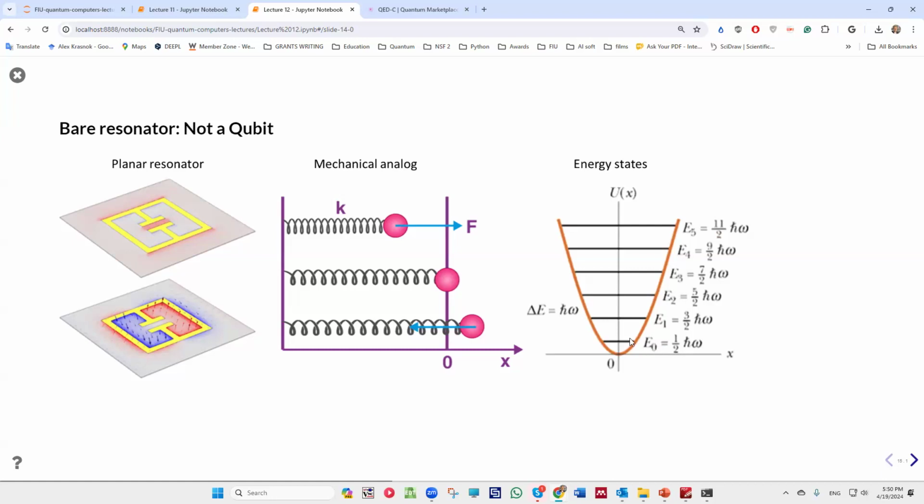Then your system oscillates back and forth like this up to this total energy E0. If you add more energy to your system, it oscillates between these two points like this. So it indeed works as a pendulum, as a harmonic oscillator.